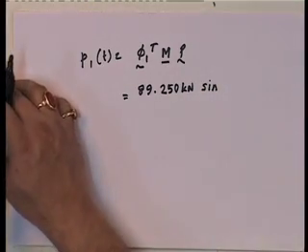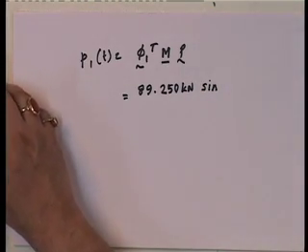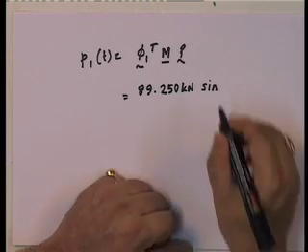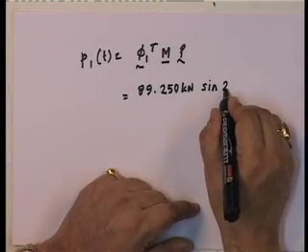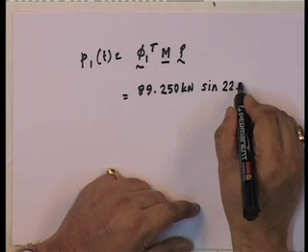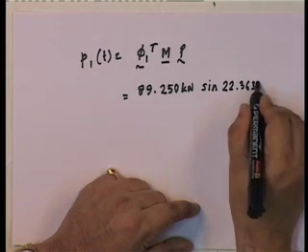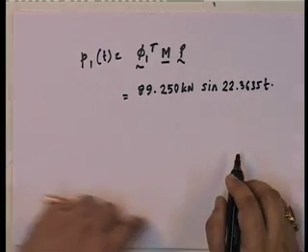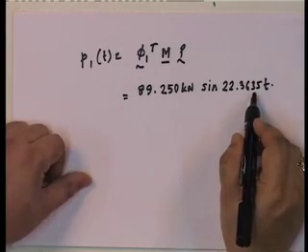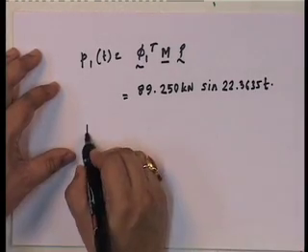Since we know 1.5, it has to be 14.909 into 1.5, so that is equal to 22.3635 t. That is omega bar. That is P1.